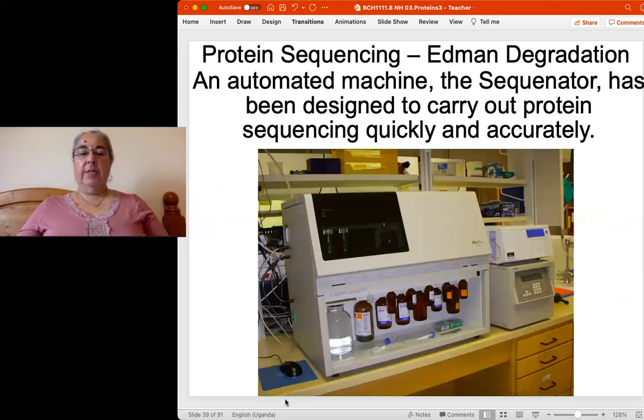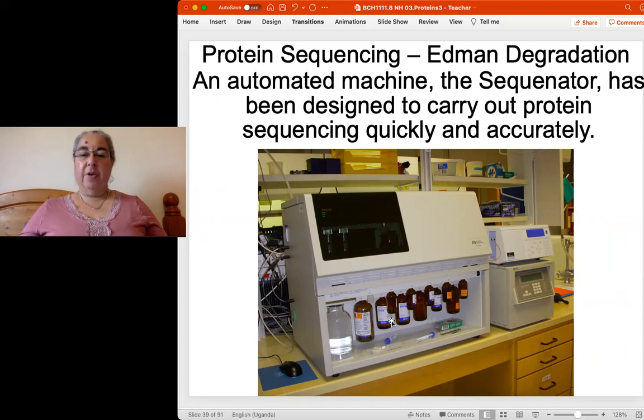Originally doing those chemical reactions had to be done separately by hand. But then a machine was invented that can carry out these sequencing reactions very accurately and a lot more quickly than a scientist can in a lab doing it by themselves.